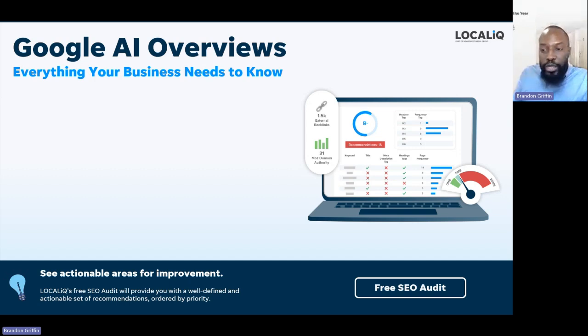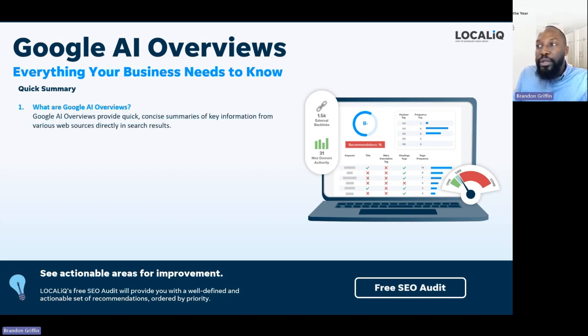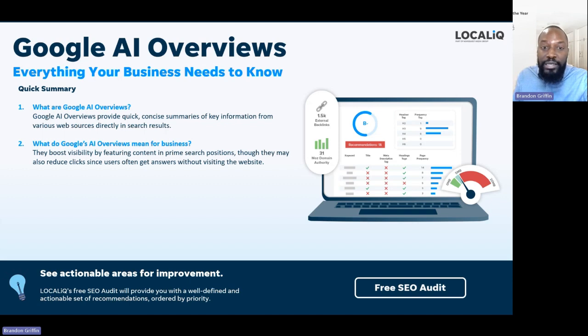So let's just quickly recap everything that we talked about today. So these are very quickly the things that a business should know when it comes to Google AI overviews. Number one, Google AI overviews really does provide quick, concise summaries of key information from various web sources directly in search results. That's very succinctly what Google AI overviews is.